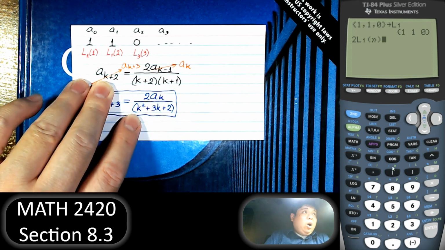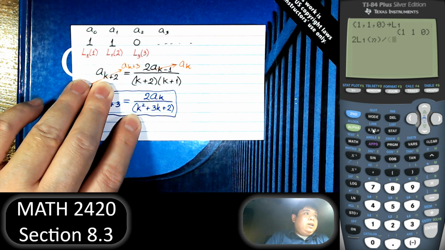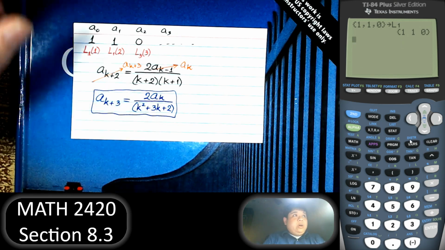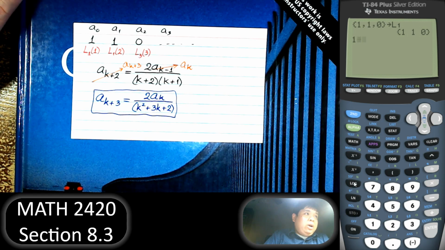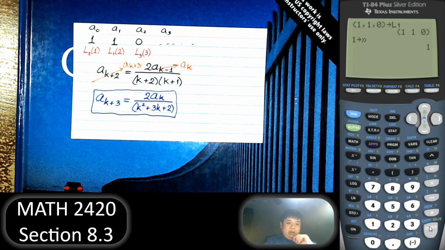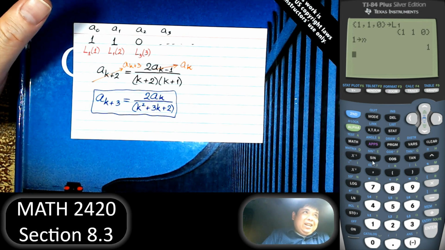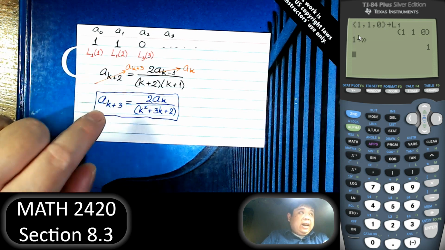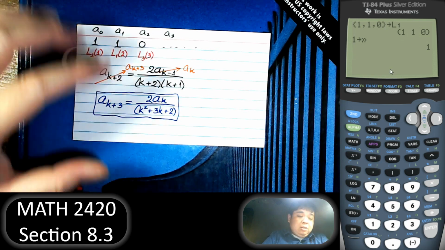So 2 over n squared. Okay, we cannot do that yet. First, we have to store 1 into n. So we start with n equal to 1. Yeah, I forgot to do that. So we set the initialization for the sequence with n equal to 1. Right, so we do that first.